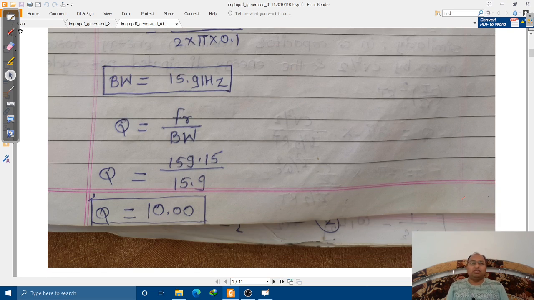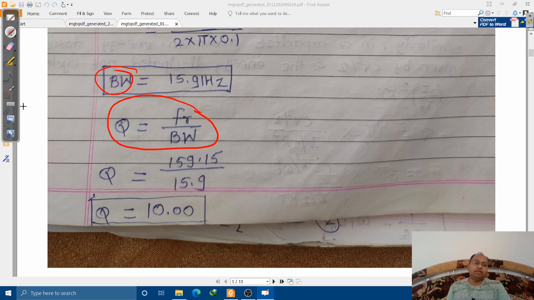This is a very easy example. You only need to remember this formula, the bandwidth formula, and the formula for the resonant frequency. Such kind of problems may be asked for 8 marks, if there is a theory question.